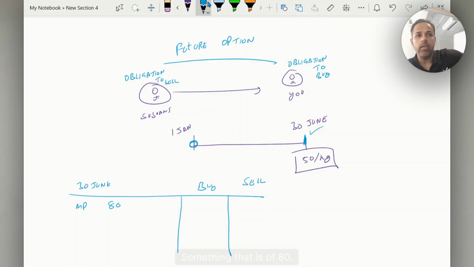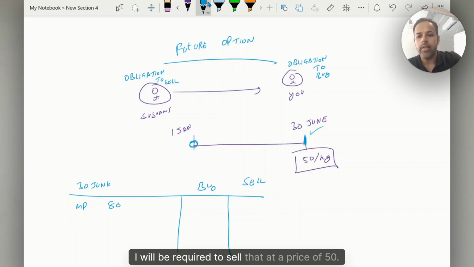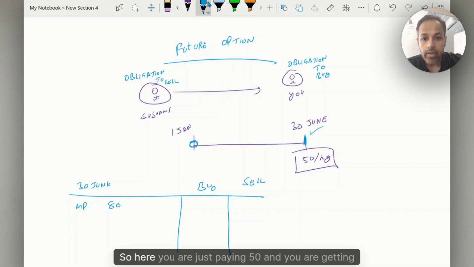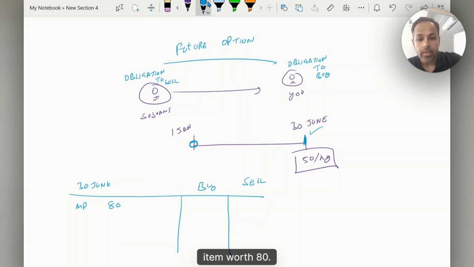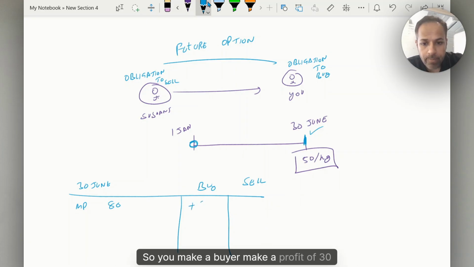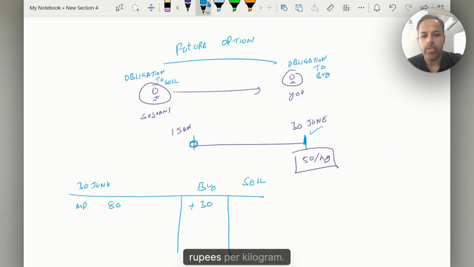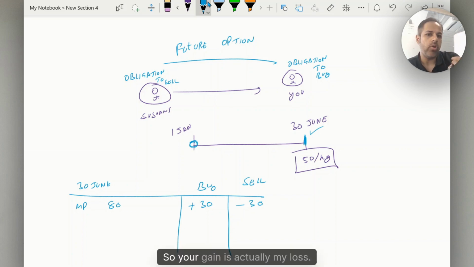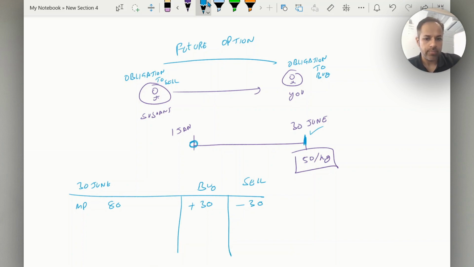Something that is worth 80, but because I have locked in this rate, I will be required to sell that at a price of 50. So you are just paying 50 and getting an item worth 80. So the buyer makes a profit of 30 rupees per kg, and I will lose 30. So your gain is actually my loss.